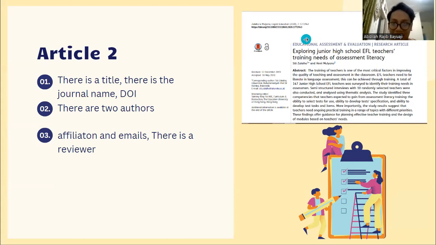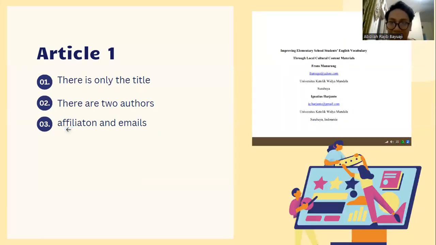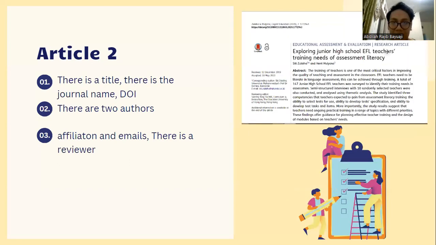So yeah, this article is more trustworthy. Unlike the first article, there is no journal and no peer review about the journal. And yeah, okay, let's go ahead.